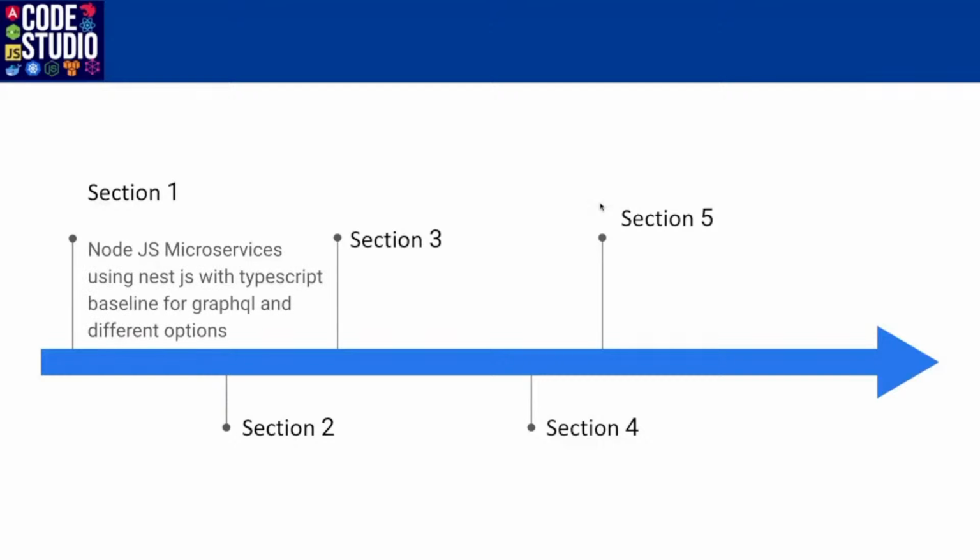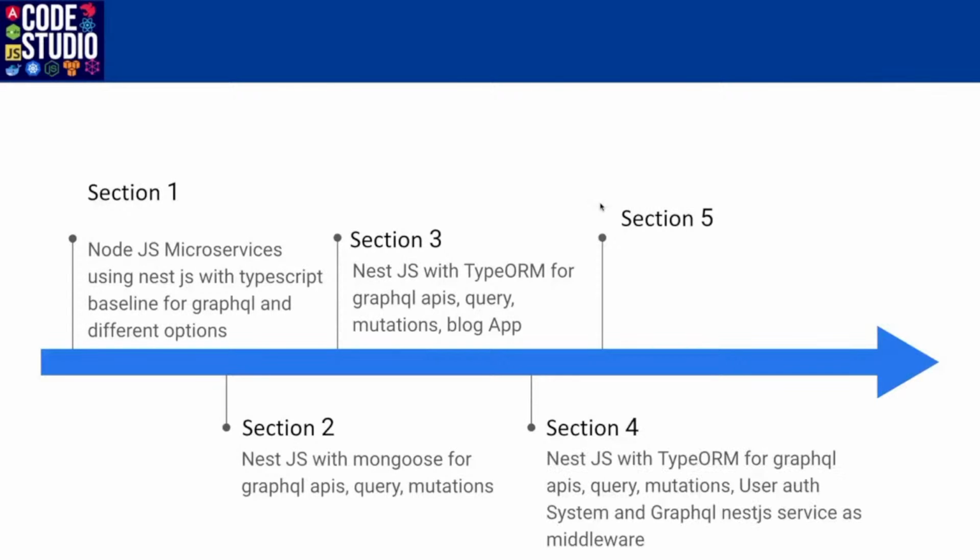If I talk about the sections, this whole course is divided into 5 sections. First we will talk about the baseline of NestJS GraphQL. In that we will also talk about multiple options, because the NestJS GraphQL module provides multiple options to manage the typings and the schema. It auto generates the schema for us, so we just need to worry about writing the resolvers, and the rest, the schema, typings and all, it generates for us.